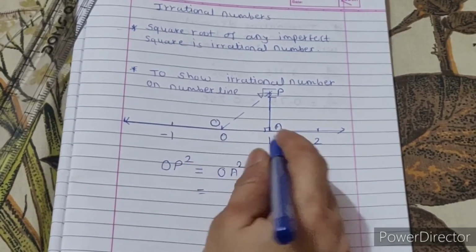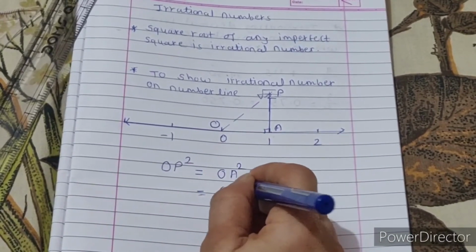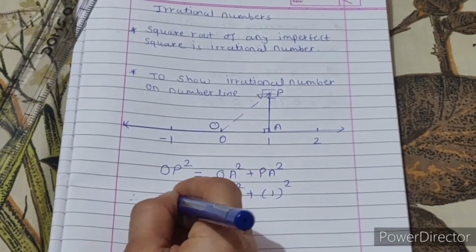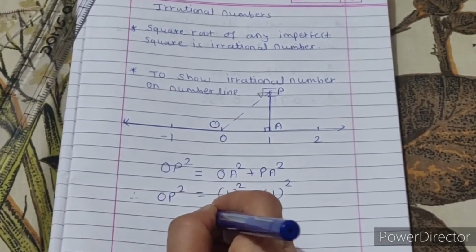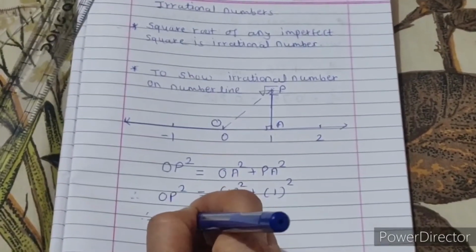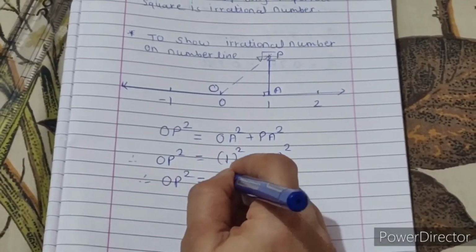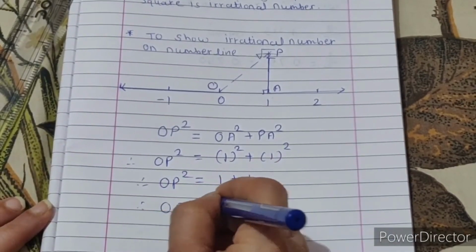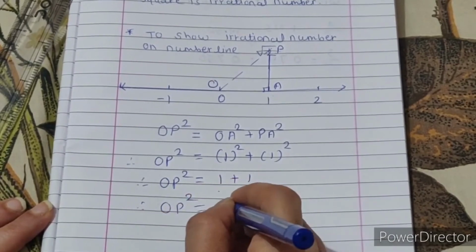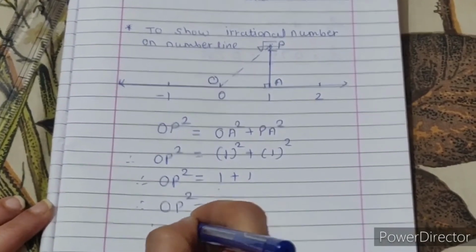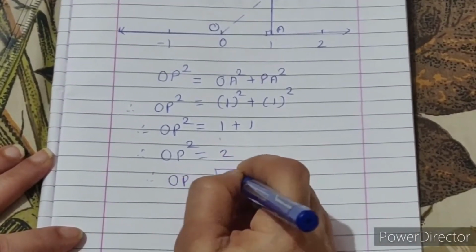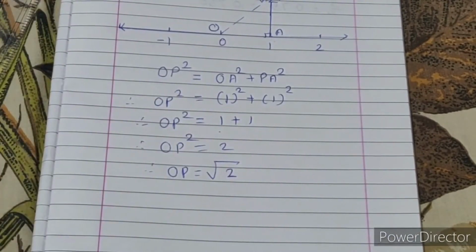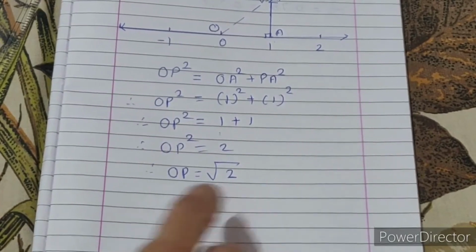OA is 1 and PA is 1. So OP square equals 1 square plus 1 square. Therefore, OP square equals 1 plus 1, so OP square equals 2. By taking the square root of both sides, OP equals root 2.